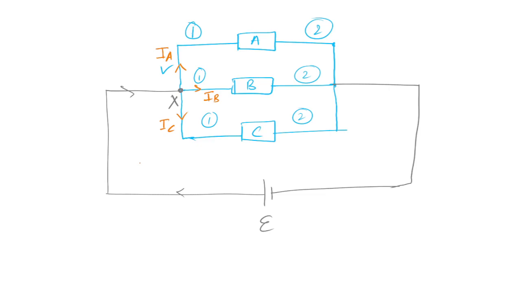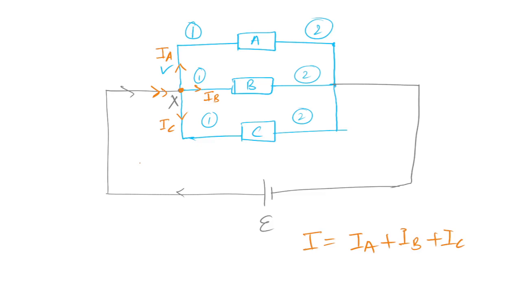But overall, one thing is true. And what is that? Whatever current is entering at point X will get divided among these three lines, and IA plus IB plus IC is equal to I, right?